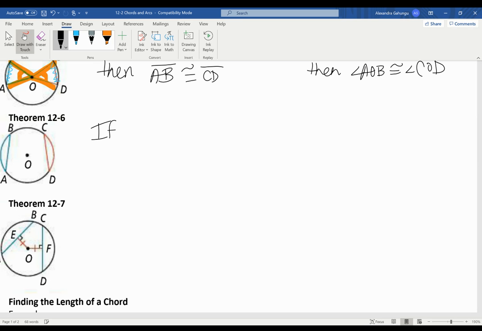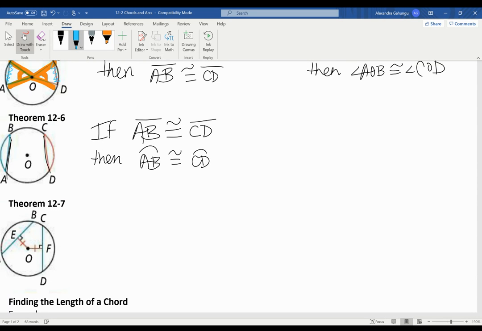So if we know that we have congruent chords, so if chord AB is congruent to chord CD, then we can say that the arcs that they basically cut off, arc AB is going to be congruent to arc CD.